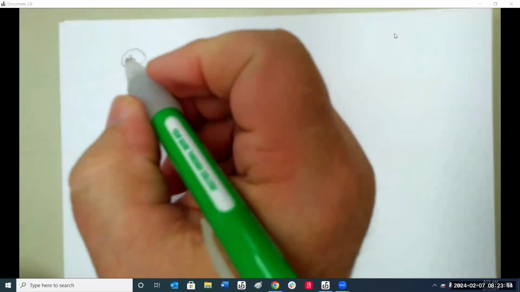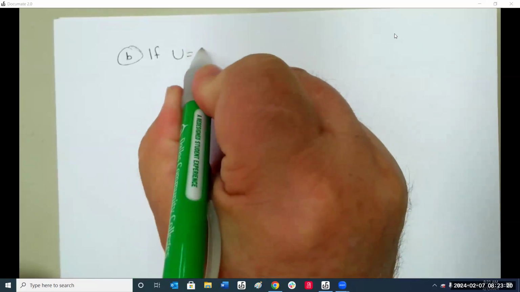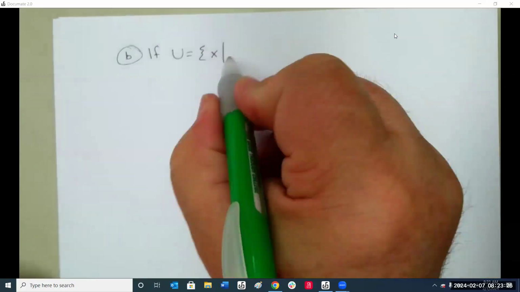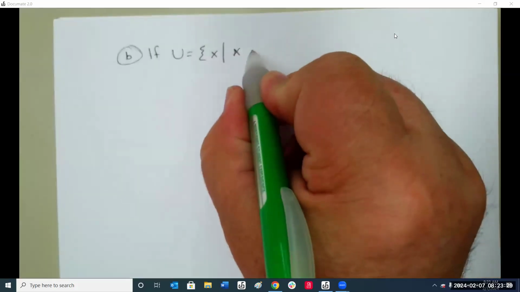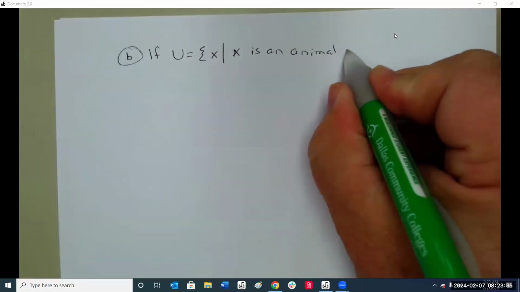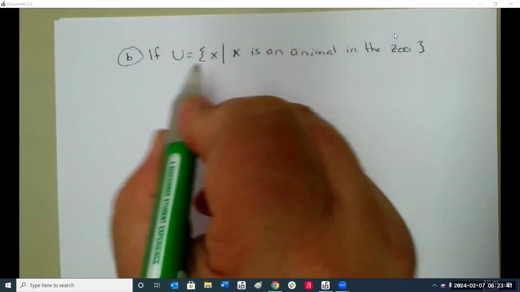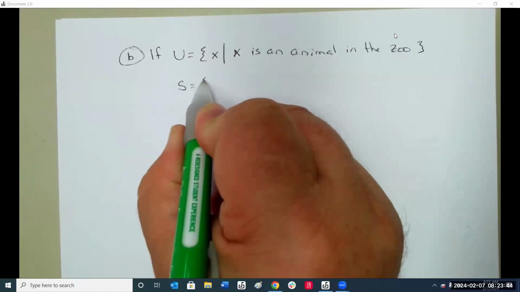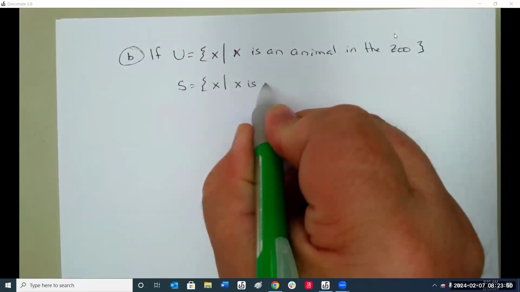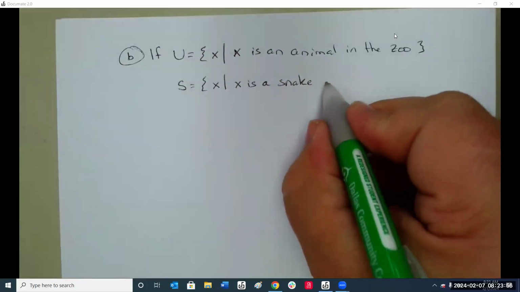Letter B. This one says, if the universe consists of all x's such that x is an animal in the zoo, S is a set where x consists of snakes in the zoo.